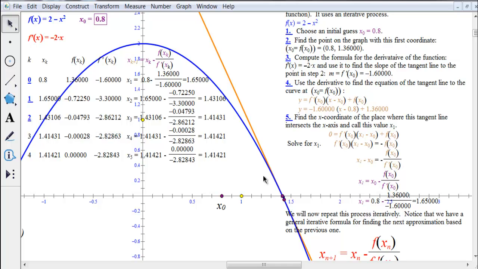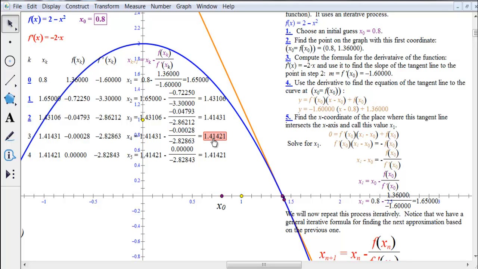Repeat the process here. I don't have it illustrated, but it'd be hard to tell apart from this one by just looking at it. And we get an even closer value, very little change there. And in fact, the fourth time we did it, to find x5, it's the same as x4. So we actually started with x sub 0, then we had our first estimate after our original guess, which is x1. Then we found x2 and x3, and there wasn't really any change.